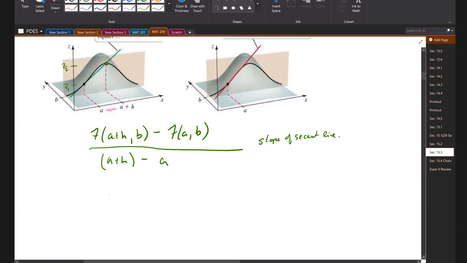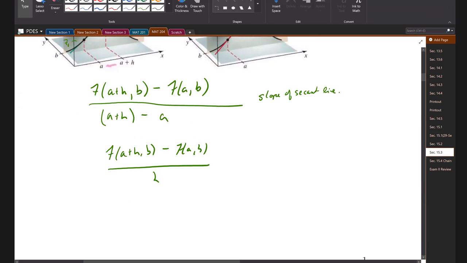We could simplify that, of course, so we've got f of a plus h comma b minus f of a comma b all over h. That's still the slope of the secant line, but as soon as I take the limit as h approaches 0, this is going to be the slope of that tangent line.